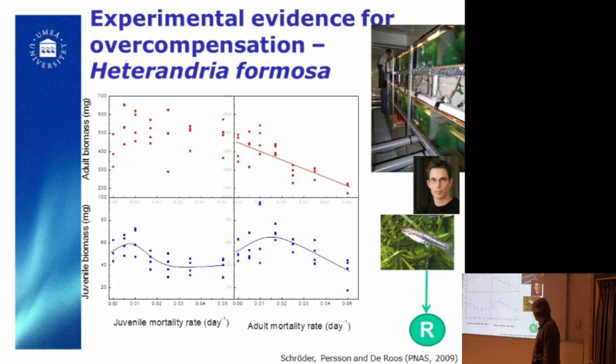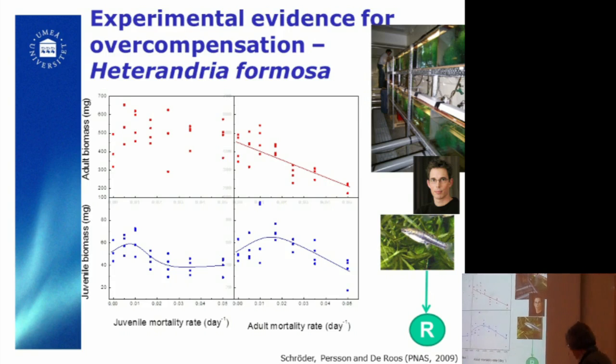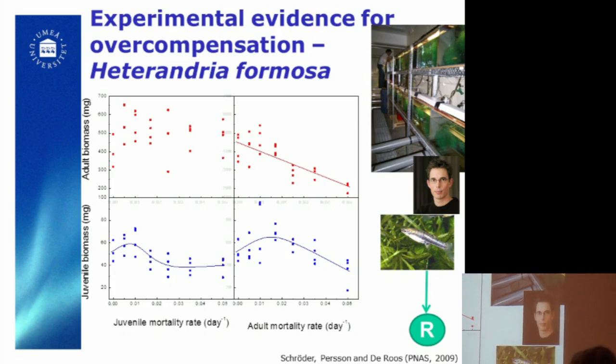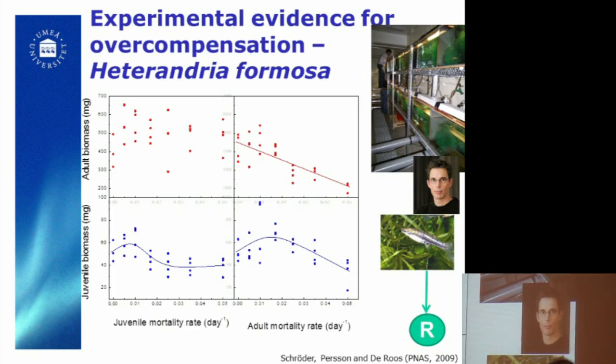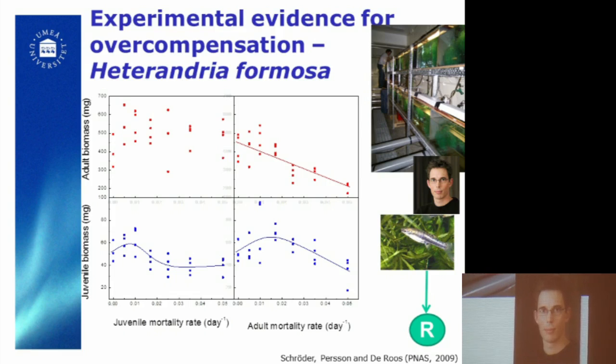Experimental evidence. This is a study by Arne Schröder, whom most of you know, that actually carried out this experiment on killifish, showing that in one treatment he increased just juvenile mortality, or adult mortality.